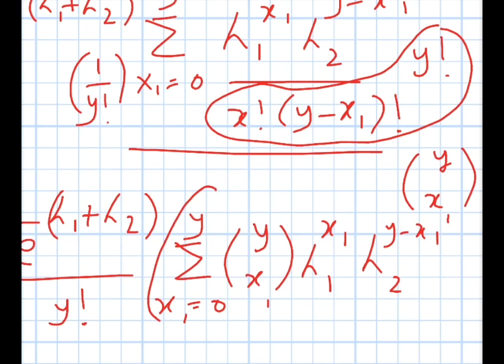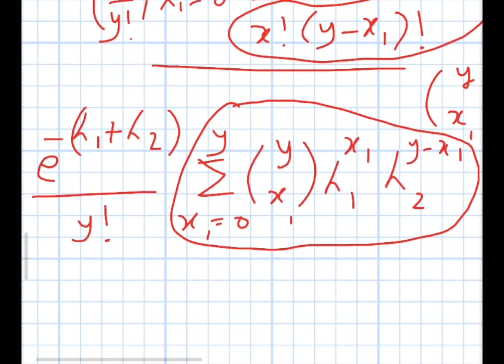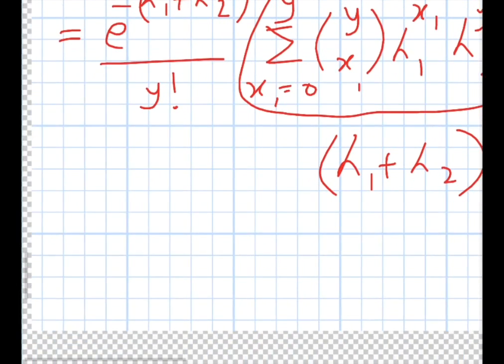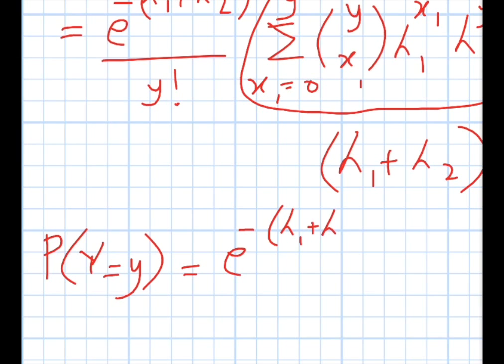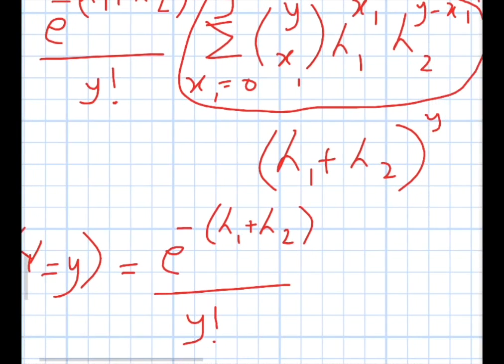Now this is what? This is nothing but the binomial expansion of lambda 1 plus lambda 2 to the power of y. Okay, so then our PMF of Y is e to the minus (lambda 1 plus lambda 2) divided by y factorial, times (lambda 1 plus lambda 2) to the power of y.